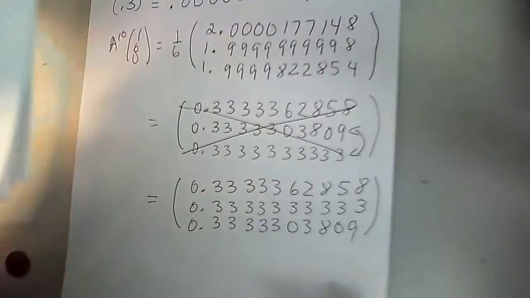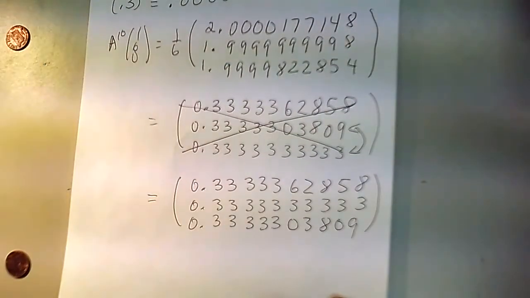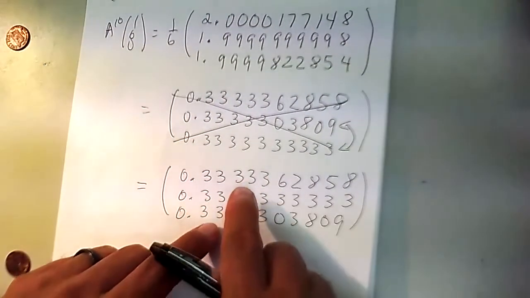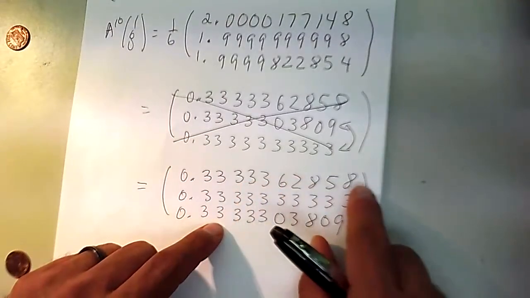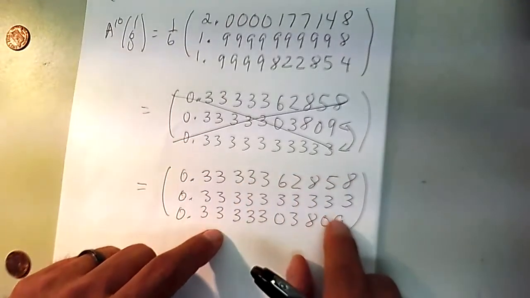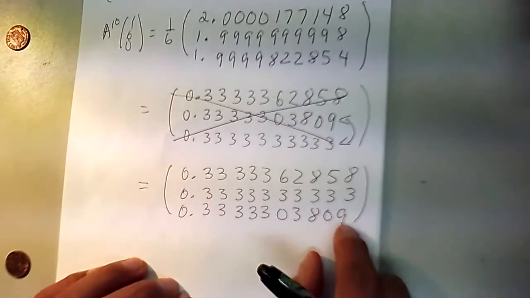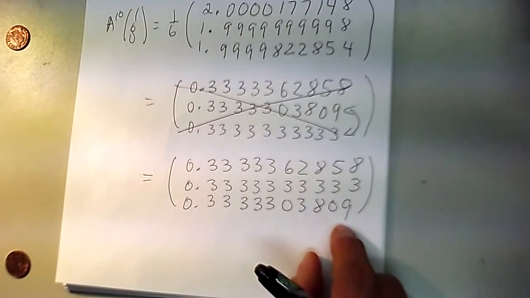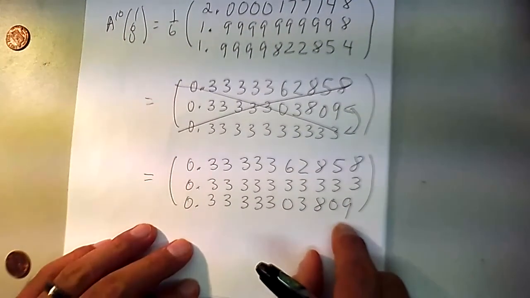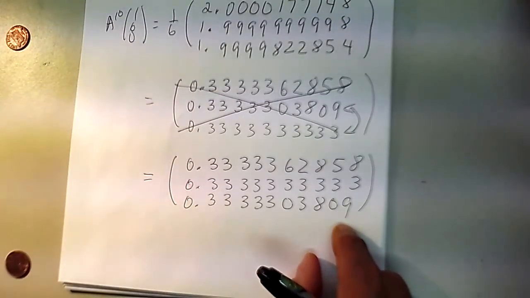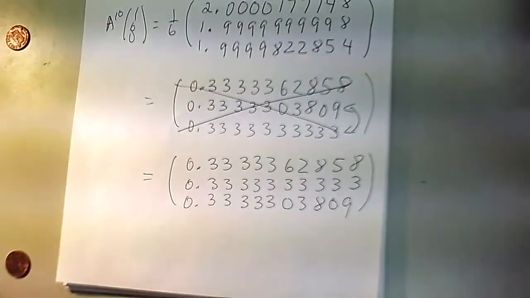But after 10 interactions, this becomes quite stable. The more interactions we get, the closer we're going to get to exactly 1/3. In fact, that is the next question. What happens when we have an infinite number of interactions, of cycles?